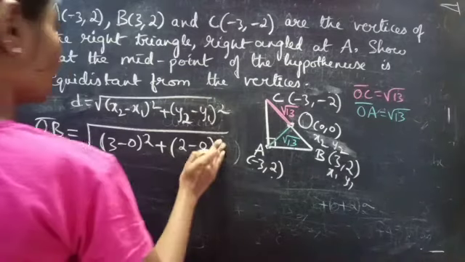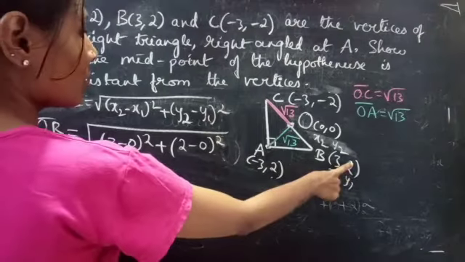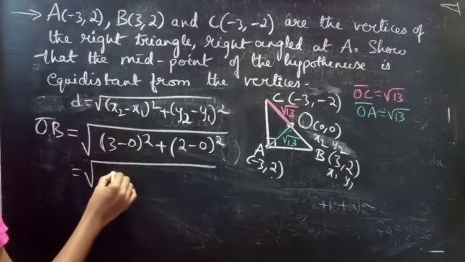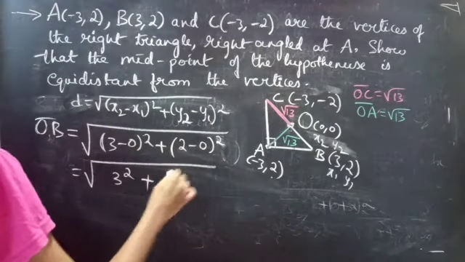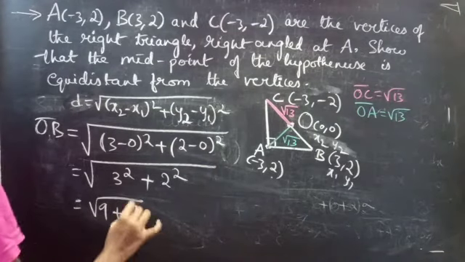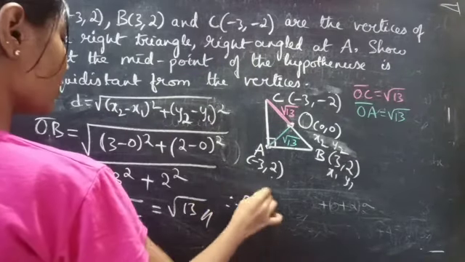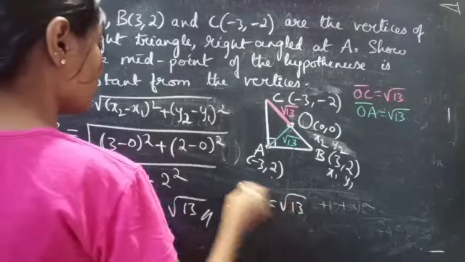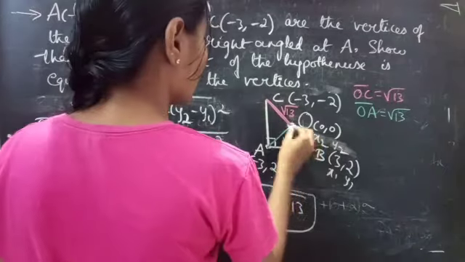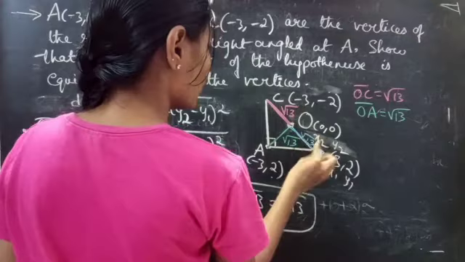So this equals square root of 3 square plus 2 square. 3 square is 9 and 2 square is 4. So finally we'll get square root of 9 plus 4, 13. So therefore OB equals square root of 13.